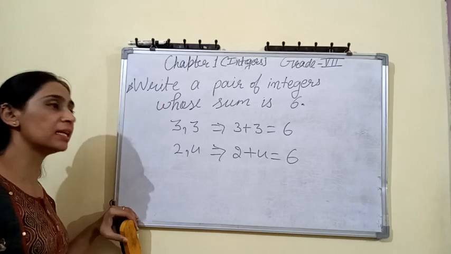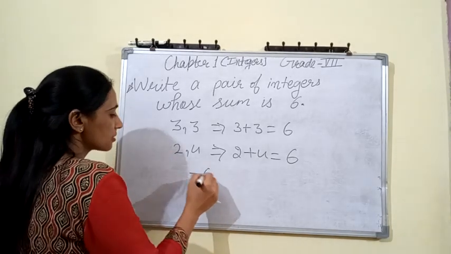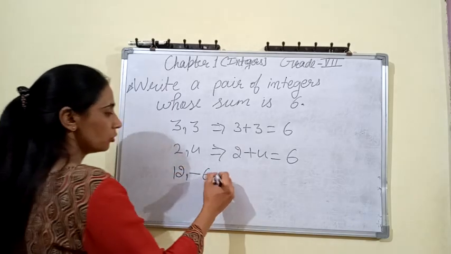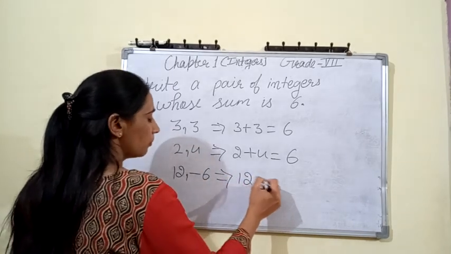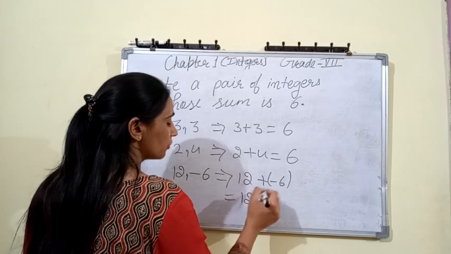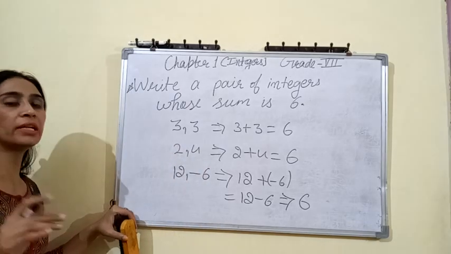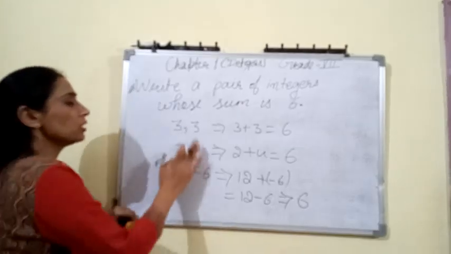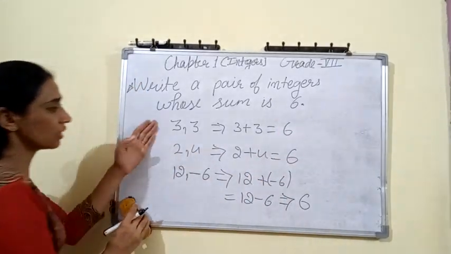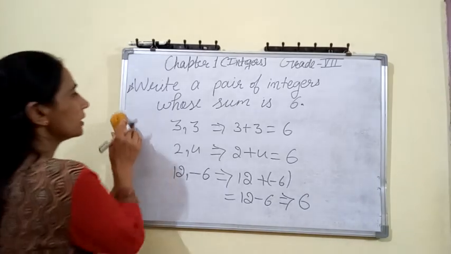And if you are taking negative and positive, if you have -6 and 12, two integers, add them: 12 plus -6, it will be 6. So you can take different pairs, that is your choice, but the answer should be the same, that is 6. I have taken here 3 pairs. There are infinite pairs. So let us rub this.